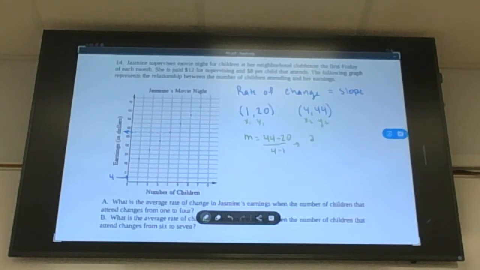Oh, we're really finding the slope. It all makes sense. $8 per child. So the average rate of change when it changes from 1 child to 4 children is $8 per child.